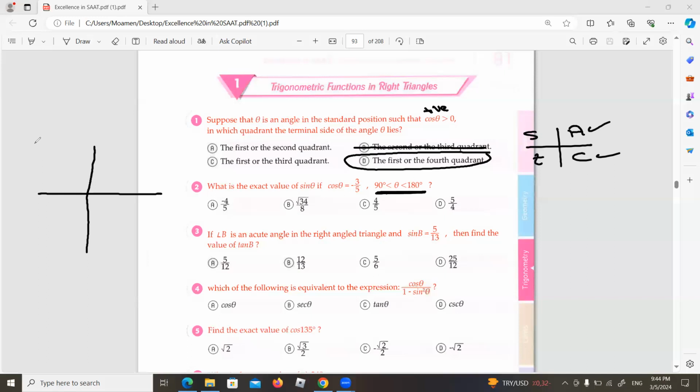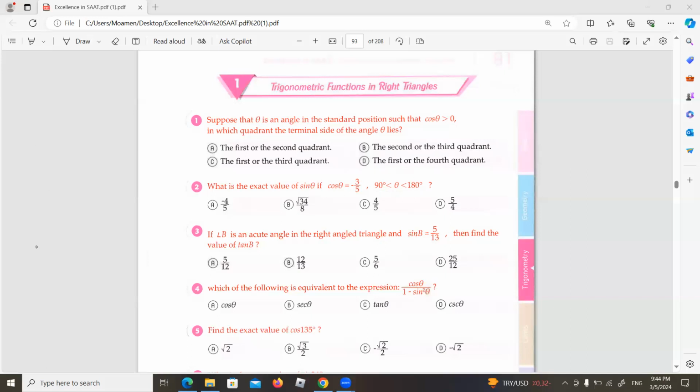Sorry, I can use the lines in order to keep it organized. So we have an X and Y plane, and then just write here: cosine theta is negative 3 over 5. So pay attention. We work in the second quad. Cosine is what? So this is theta. So I just write like this.